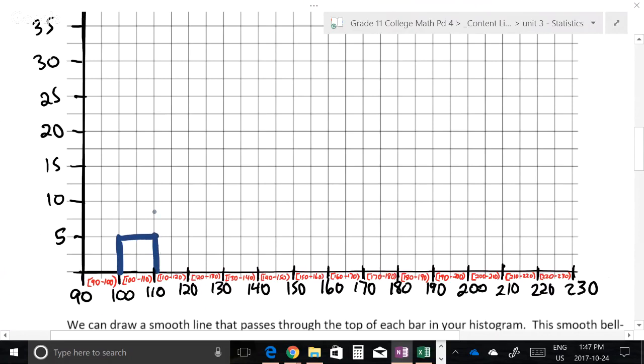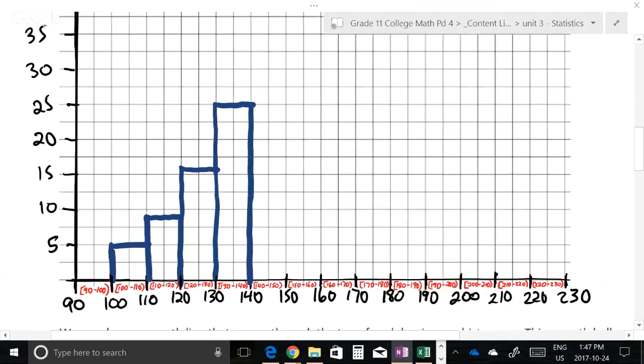Now, my scale doesn't have 8 exactly on it, so I'm going to have to do my best guess, right? What's the next one between 120 and 130? 16? So like that. And between 130 and 140? 25 exactly? Nice. And between 140 and 150?